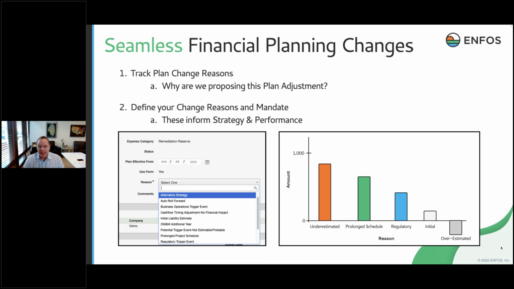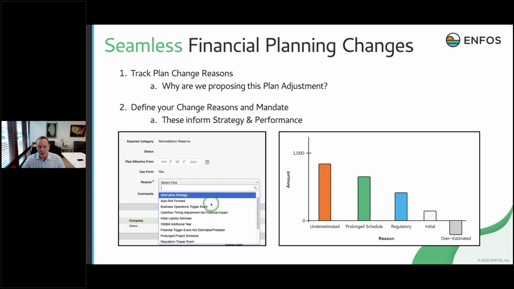And the technique that ENFOS has for customers to use is this plan change reason drop-down list that's configurable based on your business requirements. I'm just showing you some examples here.